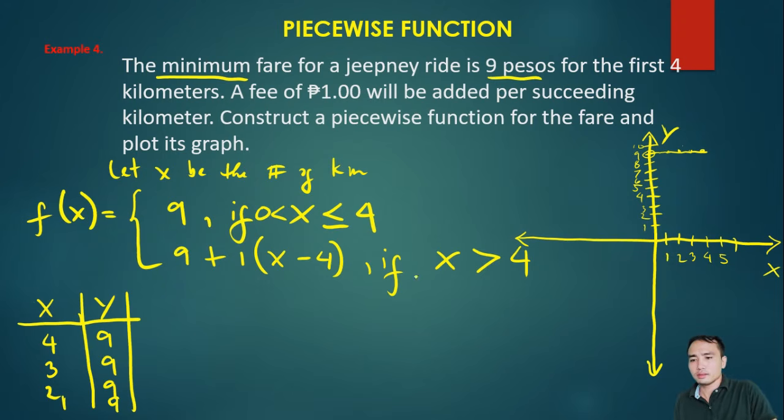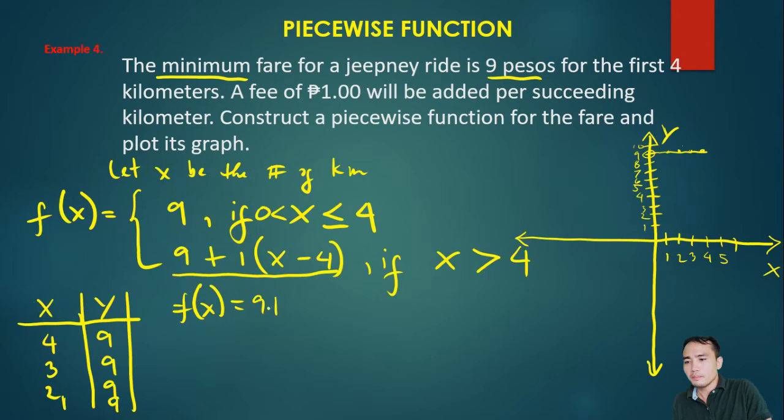Gagawa tayo ngayon ng... or pwede natin ito ma-simplify. Okay? So, f of x equals 9 plus 1 times x is x, 1 times negative 4 is negative 4.